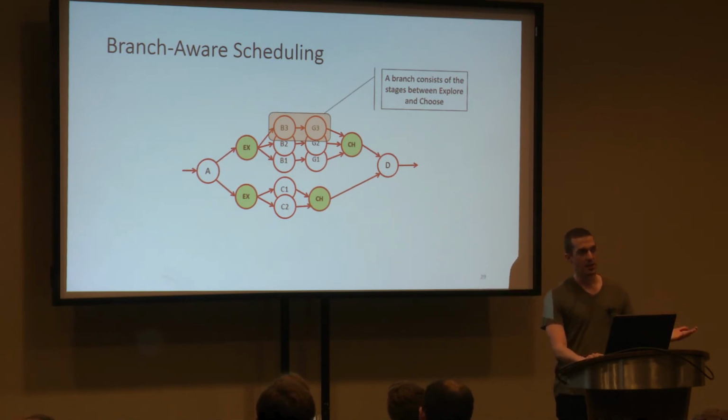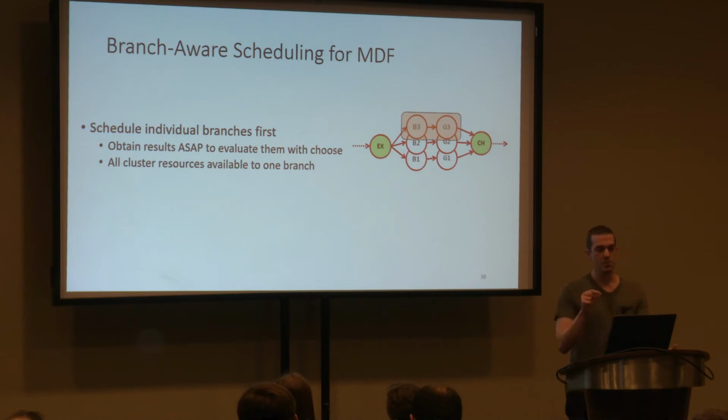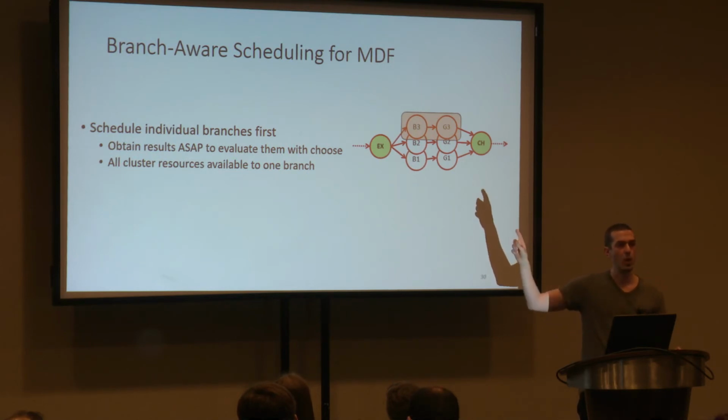And the idea behind this new scheduling algorithm is that we want to schedule individual branches first. And we want to do that because that way we can obtain results as soon as possible, give them to Choose, so that Choose can make a decision. For example, skip computation. The other advantage of scheduling individual branches alone is that all of the cluster resources that are assigned to this Meta-Dataflow are going to be available to one single branch.